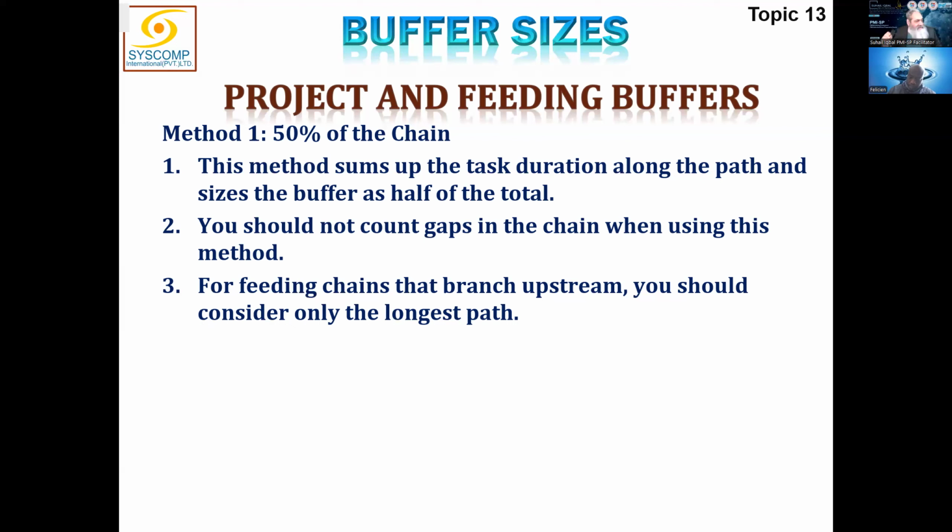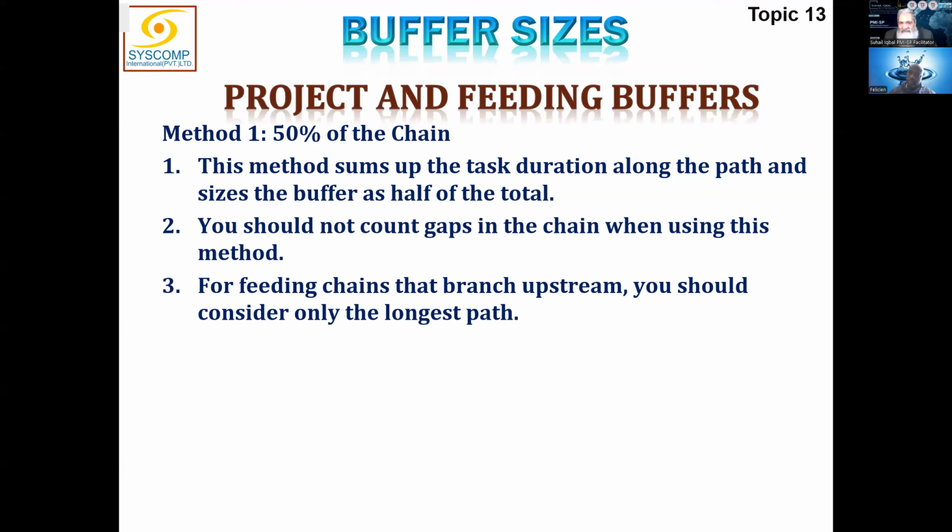Project buffer is dedicatedly reserved for the critical activities only. How about the protection of other activities, non-critical? They have their own buffer. So on every non-critical path, there is a buffer. That buffer will protect non-critical activities of that path. So practically speaking, all activities are covered.